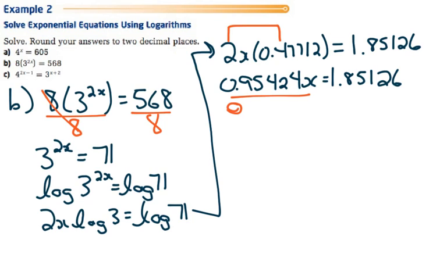Solve for x, divide both sides by 0.95424. And again, to 2 decimal places, we get that x equals 1.94.